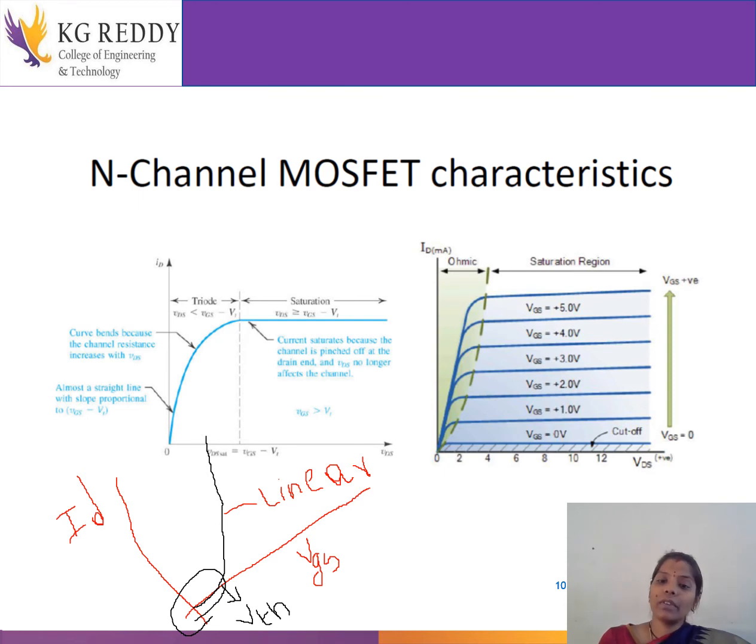I am plotting drain voltage versus drain current. This is the output characteristics and this is the input characteristics, a simple characteristic for the n-channel MOSFET.